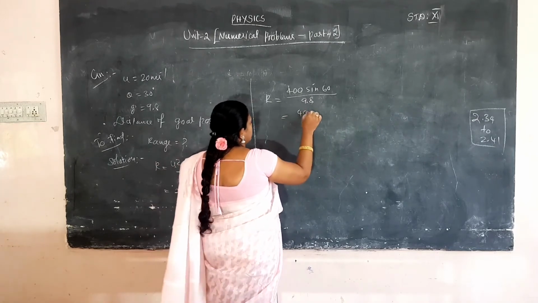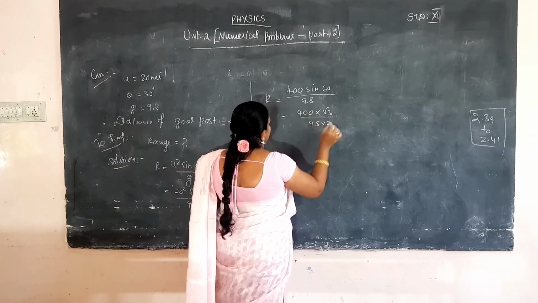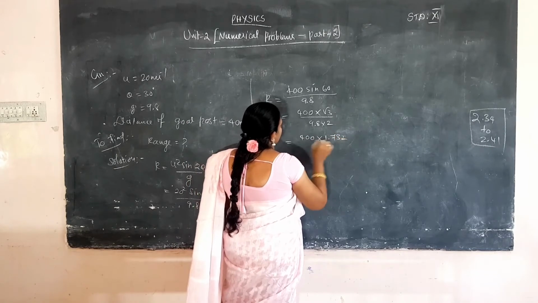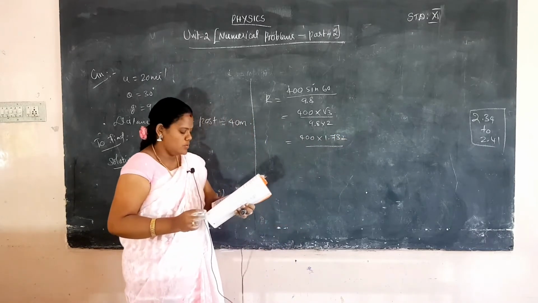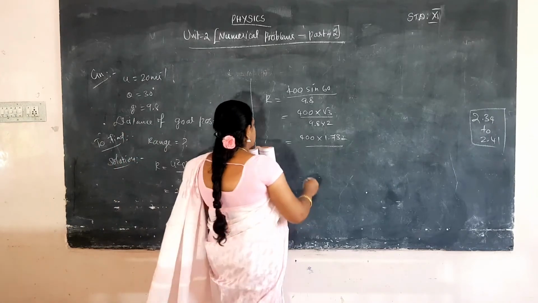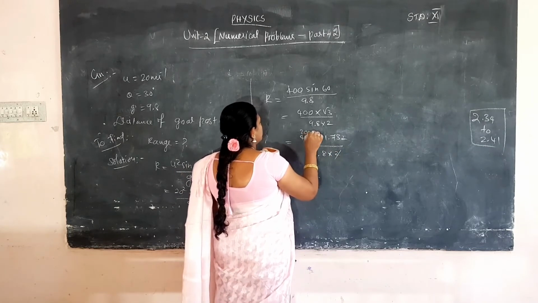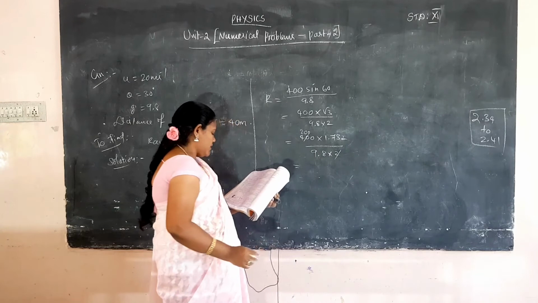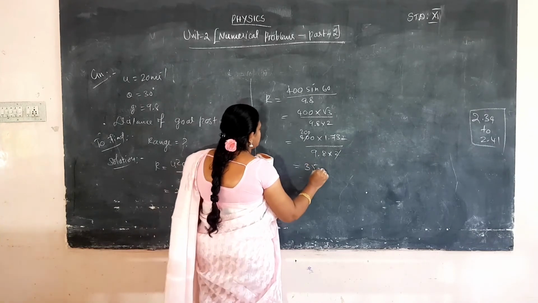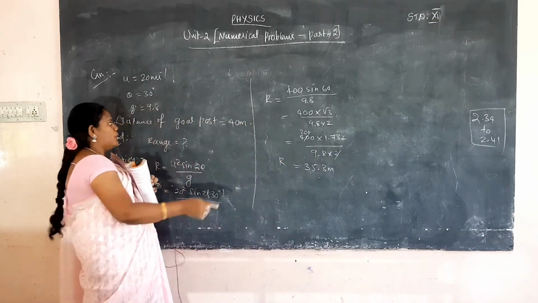So 400 into root 3 by 9.8 into 2. So 400 into 1.732 by 9.8 into 2. Multiplying all the values, we get the answer 35.3 meter. So range is 35.3 meter, but the goal post is 40 meter.